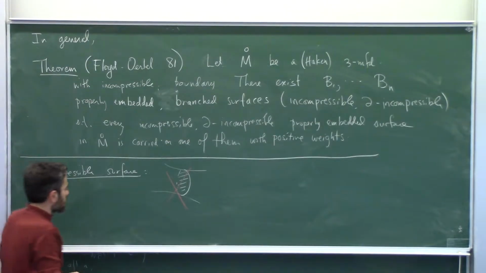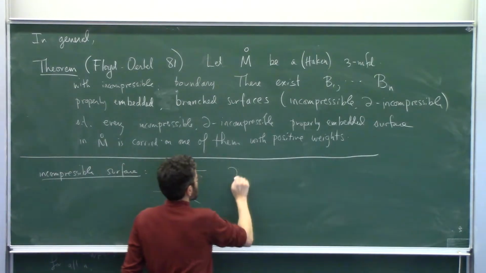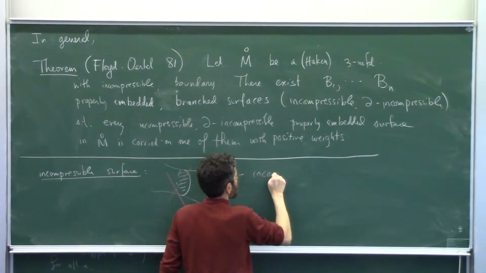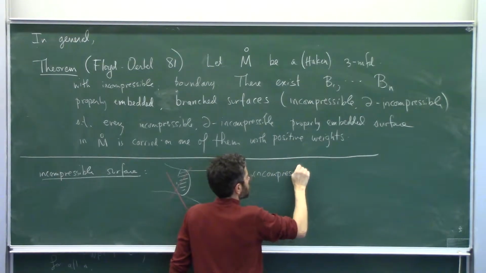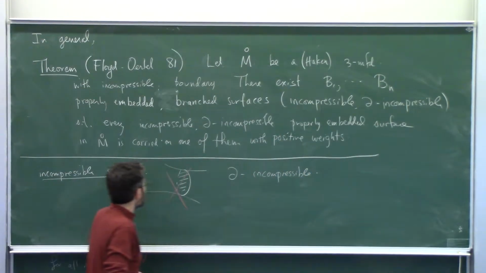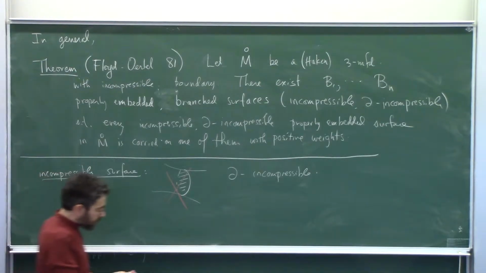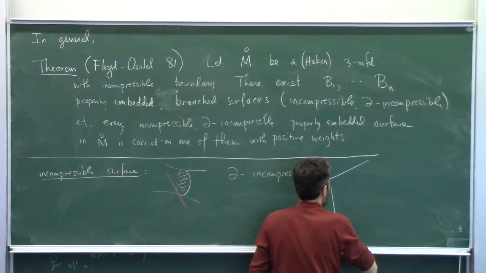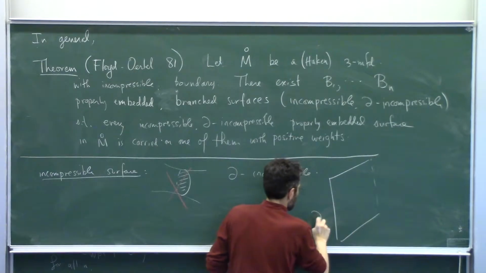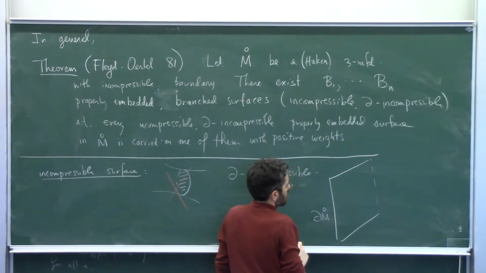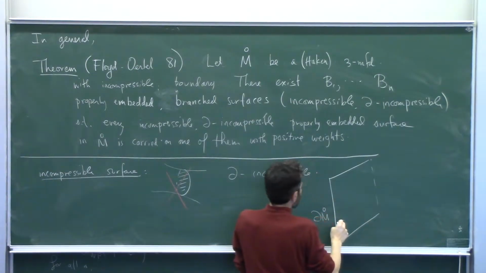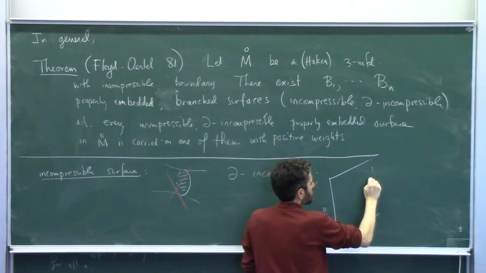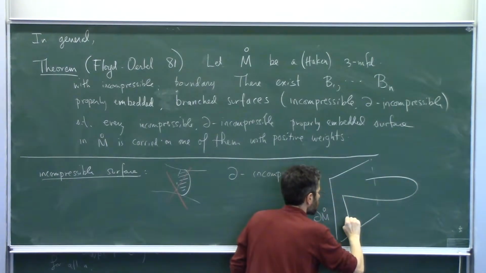In boundary incompressible, these surfaces are allowed to be properly embedded, which means if you draw the boundary of the three-manifold, what you are not allowed to have is a little local picture that looks like this. So here's the surface.